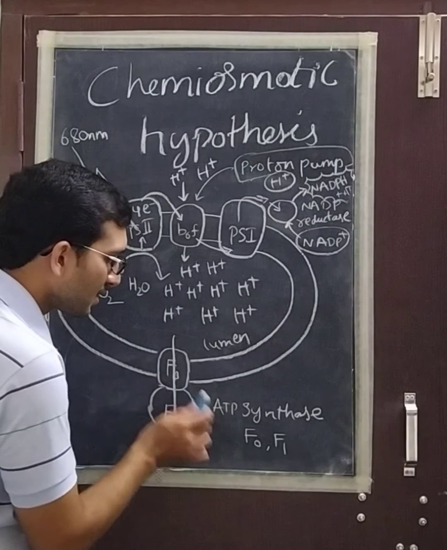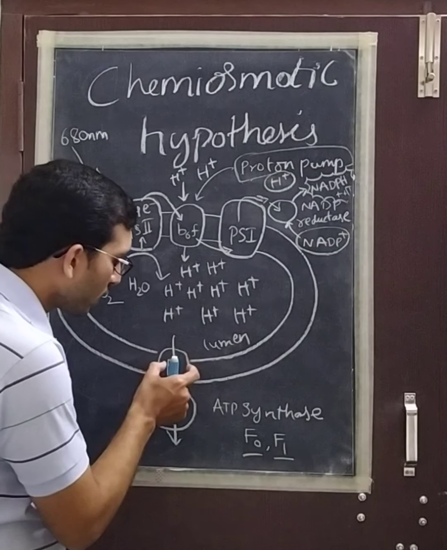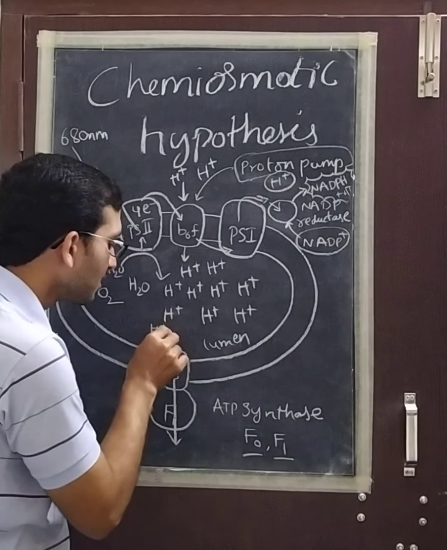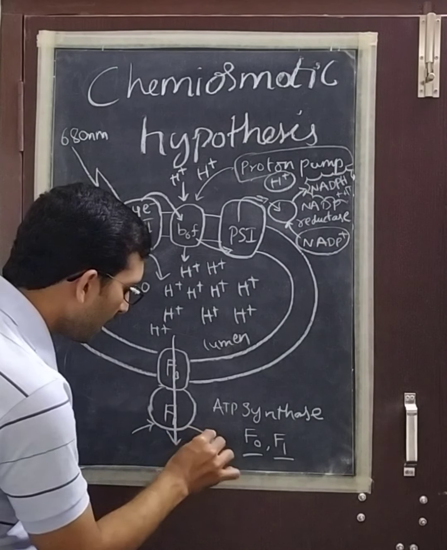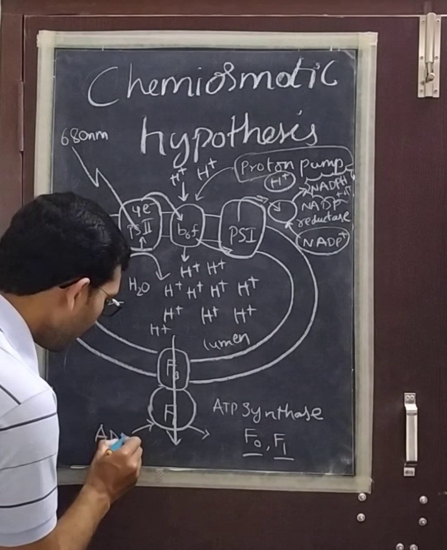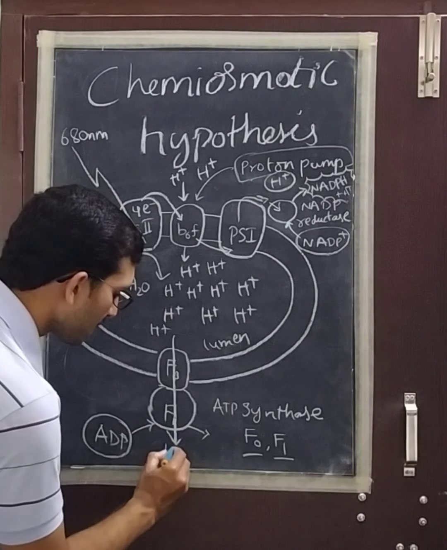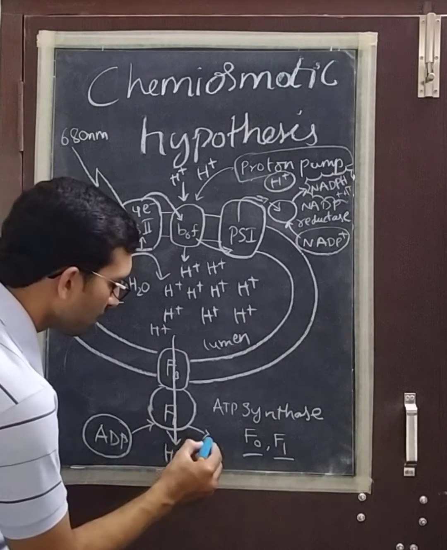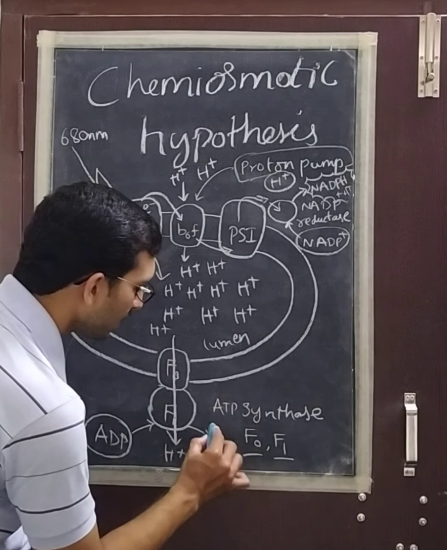So ATP synthase is made up of F0 and F1 particle. F0 is going to act as a transmembrane channel which facilitates the H plus ions, and the F1 particle can convert the ADP. ADP means adenosine diphosphate, and when H plus ions are passed through this ATP synthase enzyme, ADP will be converted to ATP.